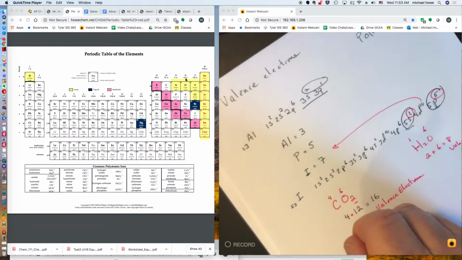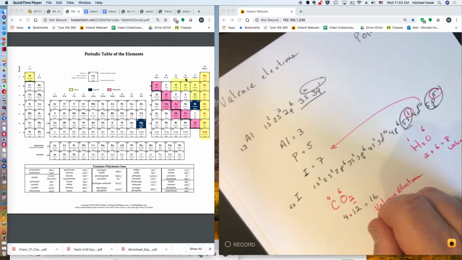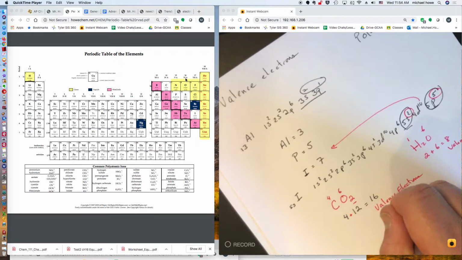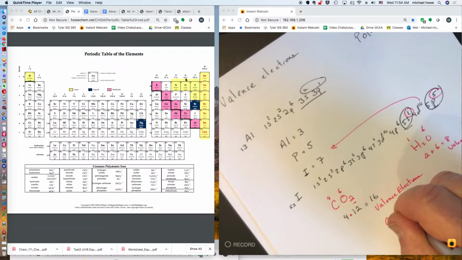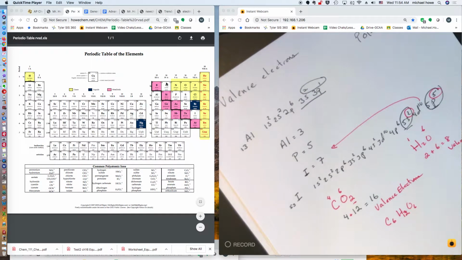All right, what if you're doing something bigger, like say C6H12O6, and we want to know just the valence electrons. So we know carbon has 4, hydrogen has 1, and oxygen has 6.